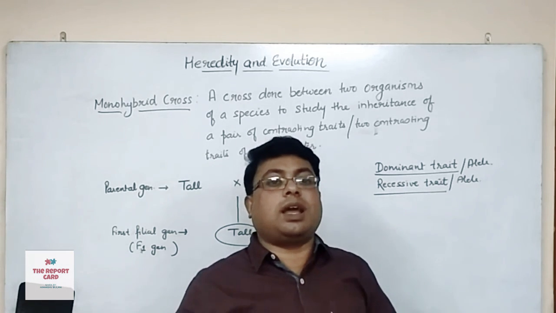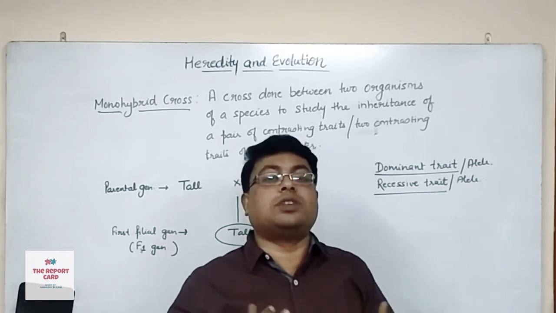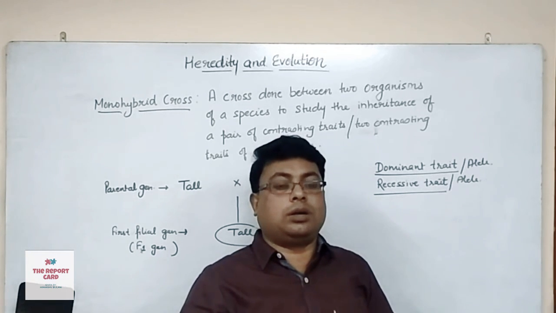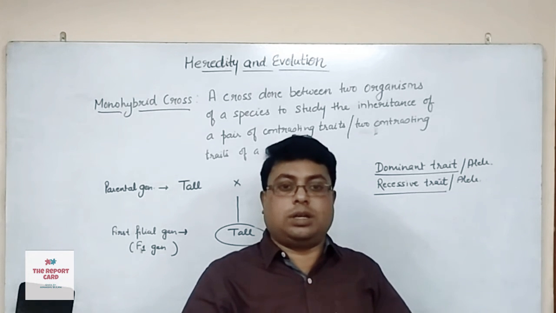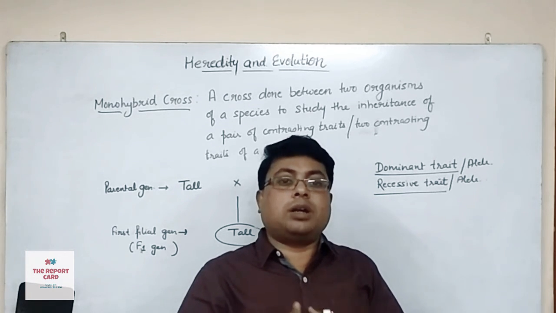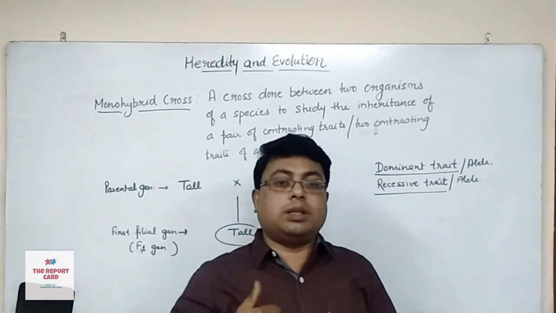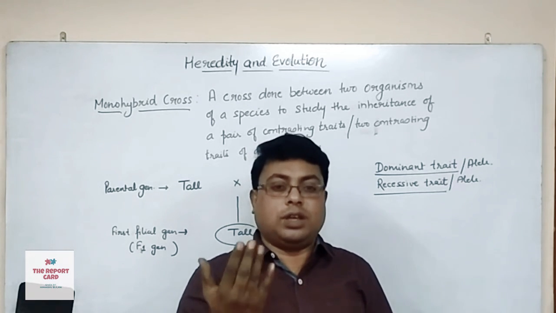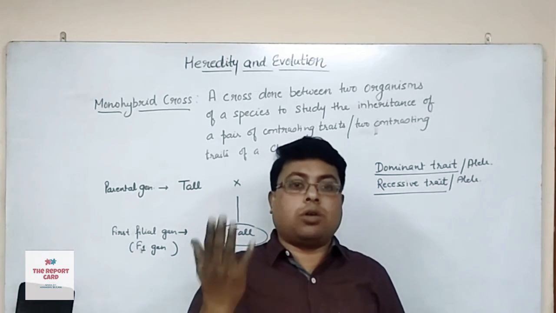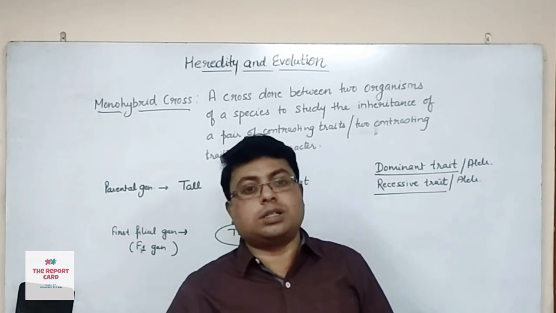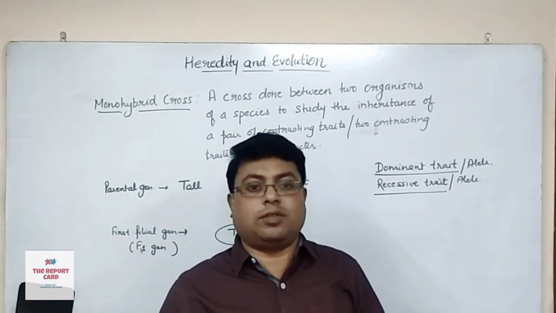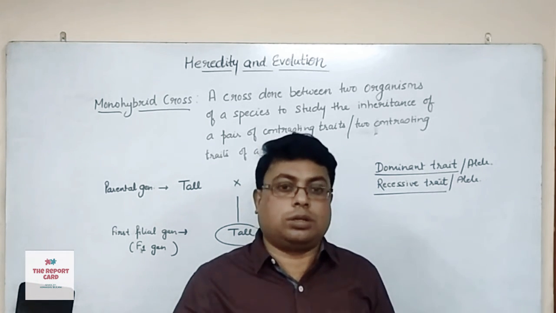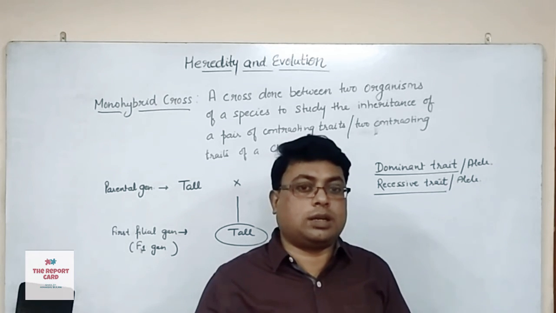Expressing means that the character is shown physically. Suppose you have a gene of tallness and a gene of shortness in your body, but you are tall. That means the gene of tallness has expressed itself phenotypically, and the gene of shortness could not express itself phenotypically or physically, hence you are not short. You are tall because of that, right?